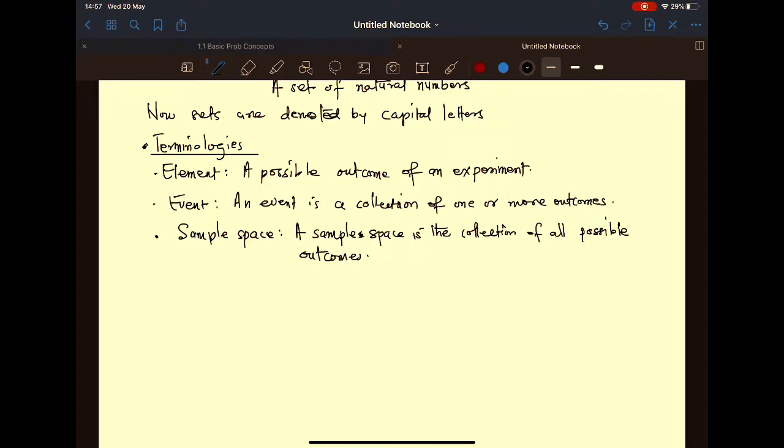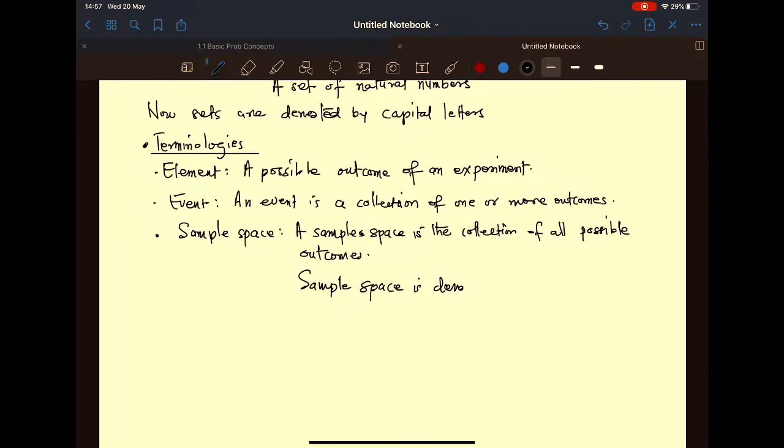The die has 6 faces, and it has numbers from 1 to 6. All those possible values on the faces of a die form part of the sample space, because we have a collection of possible outcomes which are the numbers on the faces. The sample space is denoted by capital S, and the sample space is a set on its own.